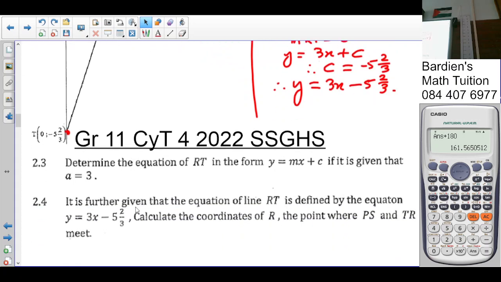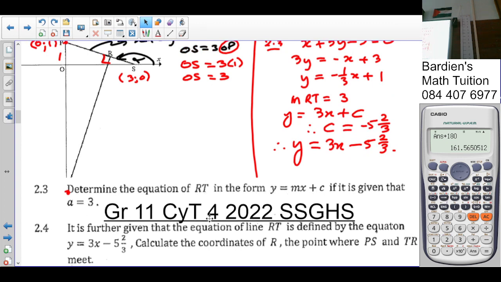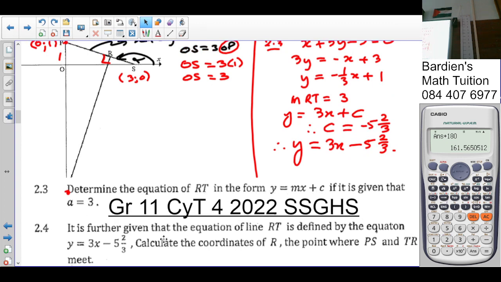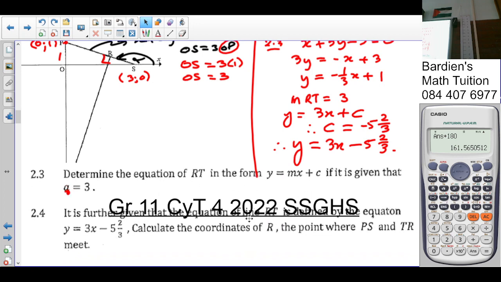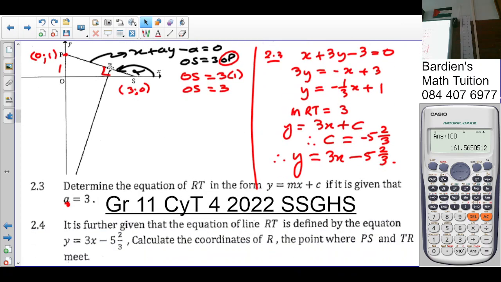Okay, 2.4. It's further given that the equation of RT is defined by the line y is, okay, so that confirms what we have there. Calculate the coordinates of R, the point where PS and TR meet. People, point R is also the point of what?